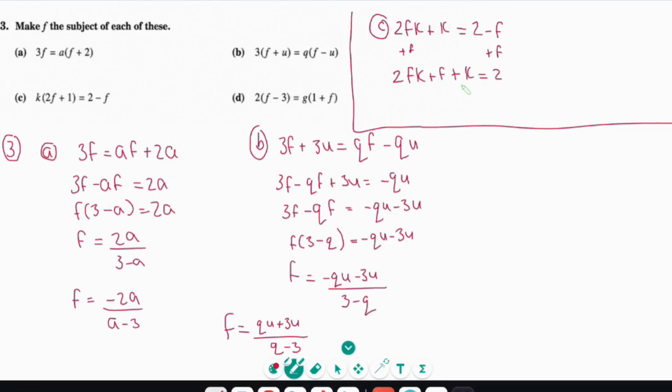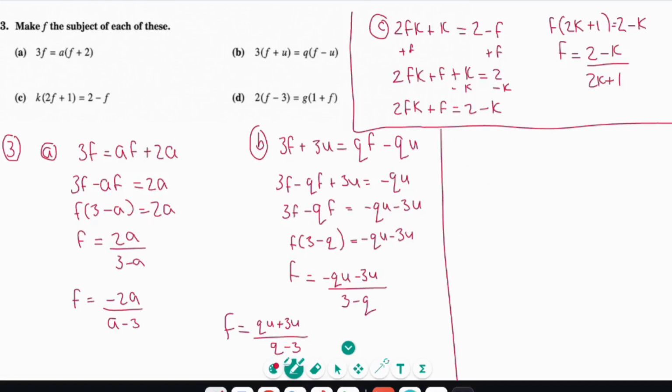Now I want to take k from both sides, which gives me 2fk plus f is equal to 2 minus k. Now I want to take out an f, so I'm going to factorise. Gives me f bracket 2k plus 1. And now I'm going to divide both sides by 2k plus 1.